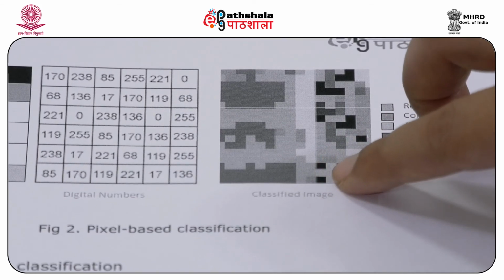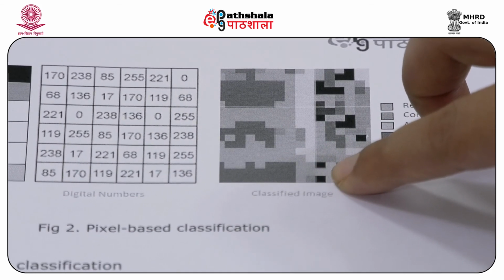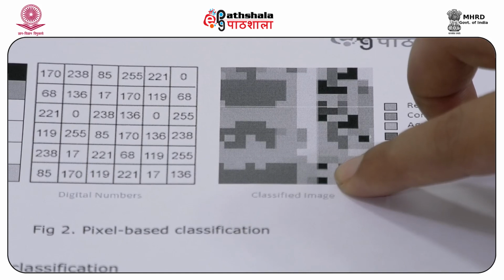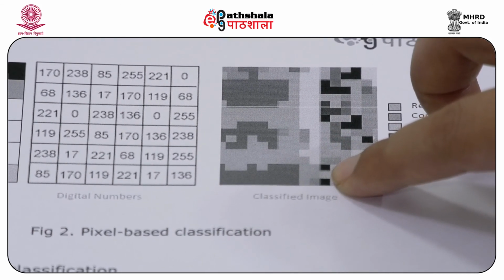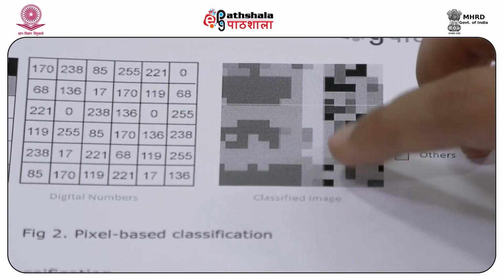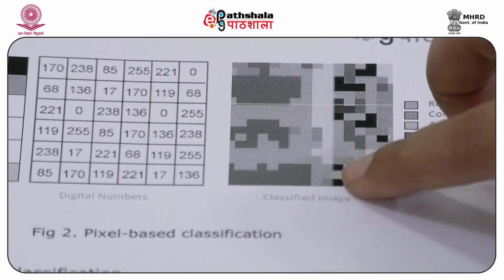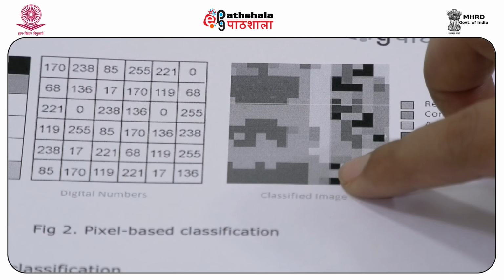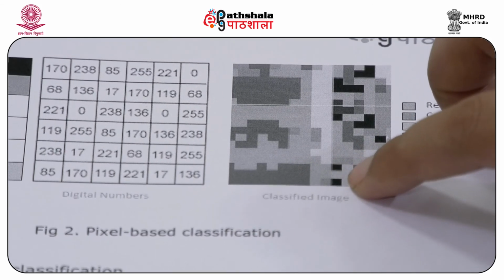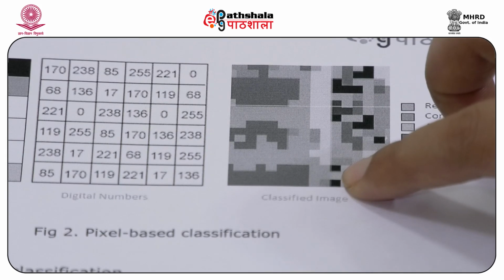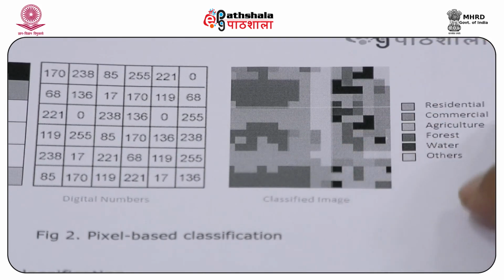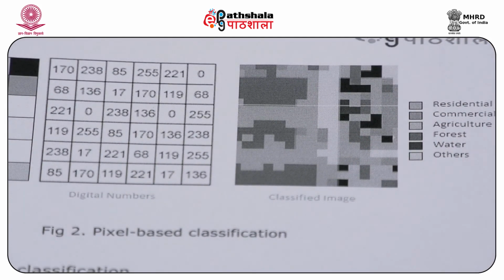If that happens, whatever is the dominant class, the reflection would be more towards that class, and that pixel will be classified as belonging to that agricultural field only. So you will know there is certain misclassification, and you will assume that the whole pixel is representing agriculture. So to avoid that kind of classification, we usually go for object oriented classifications.